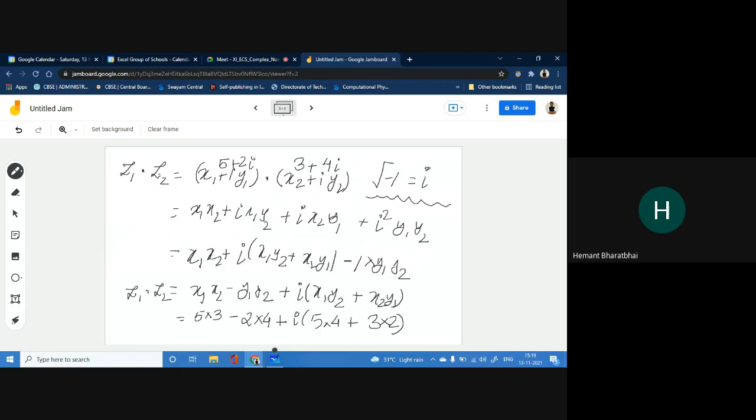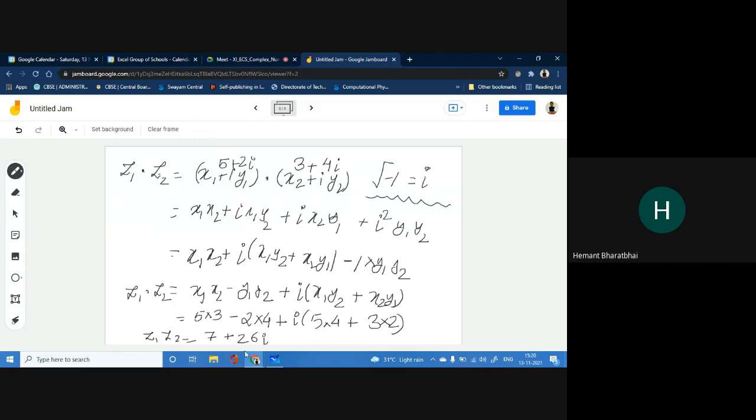So let us directly put the values over here. In this case, my x1 is 5 and my x2 is 3. Here, this is my x1, this is my x2, this is my y1, and this is my y2. Okay, so x1 into x2 minus y1 into y2. So y1 is 2 into y2 is 4.